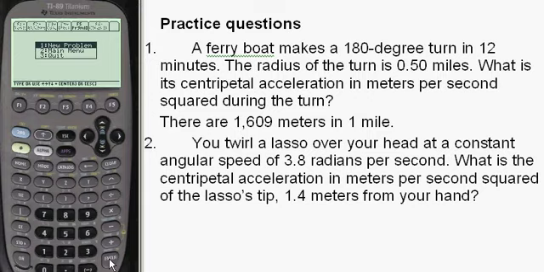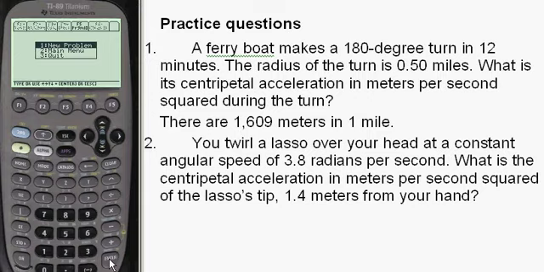So we're going to put alpha 3.8. We see if that's right. Yes. Remember, velocity is always meters per second. In centripetal stuff, it's radians per second.